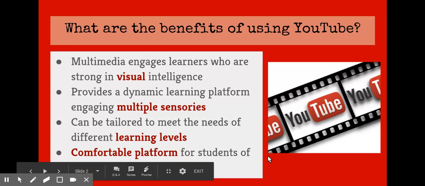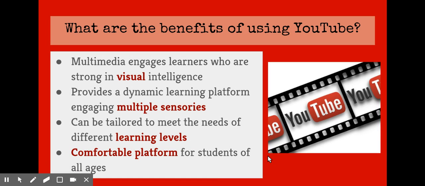Obviously, there's a lot of great benefits for using YouTube. Nobody can question that. It provides pictures for children who are really strong with multiple intelligences. It can provide closed captioning, so you have words on the screen that students can read. It's got the sound embedded, so you've got all of these different senses being engaged at the same time.